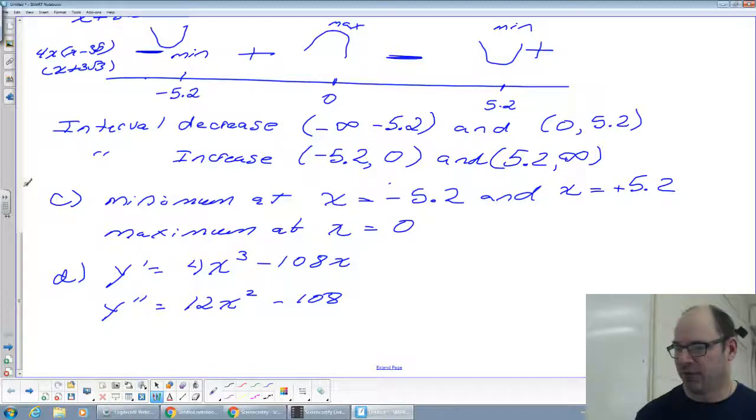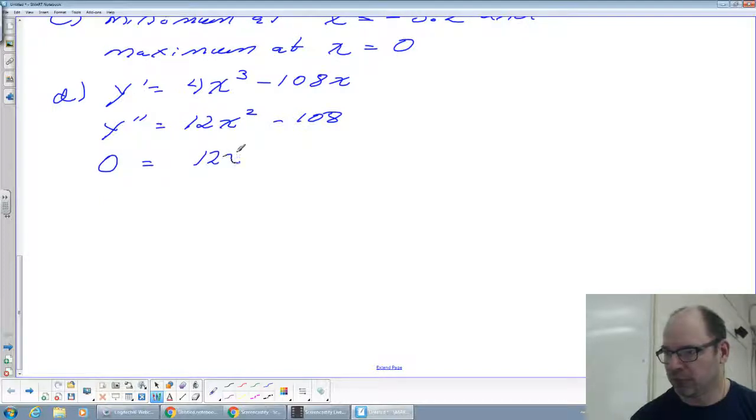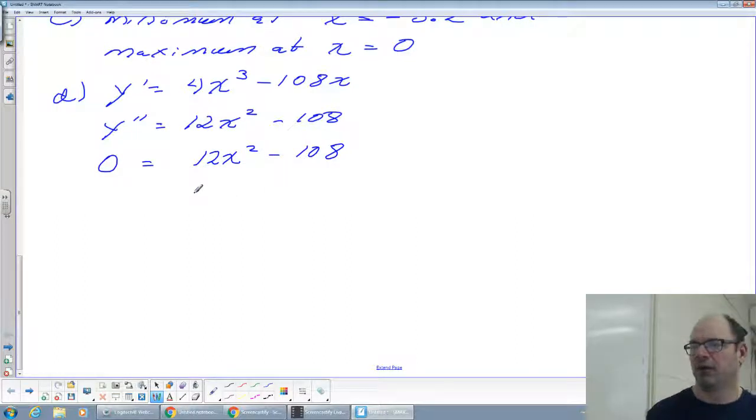This will give us our inflection points and our areas of concavity if we solve for it. We set this to 0 to get our inflection points. There are a couple of ways to solve this one: we could factor out a 12, or we could just move the 108 over.